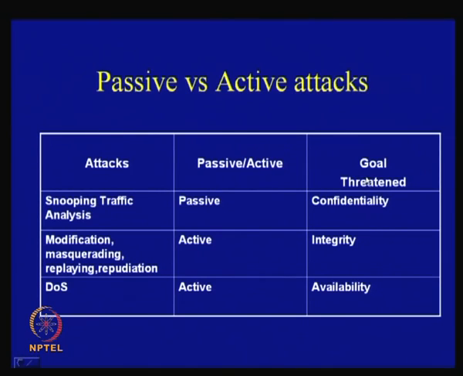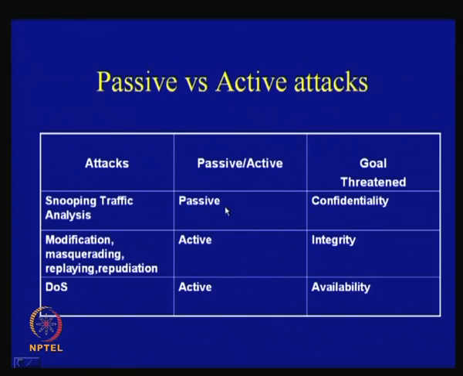We shall also consider the goals which are threatened. Consider snooping and traffic analysis. This falls into the class of passive attacks, and the goal it threatens is confidentiality. Imagine that in an Alice and Bob scenario, there is an eavesdropper who obtains this information and tries to see what is going on.